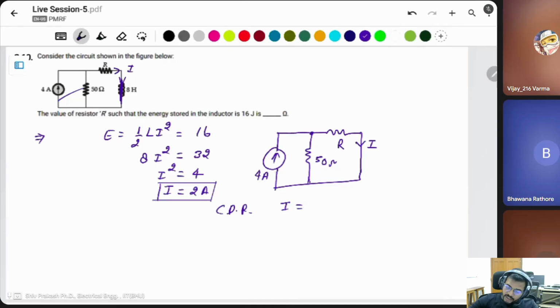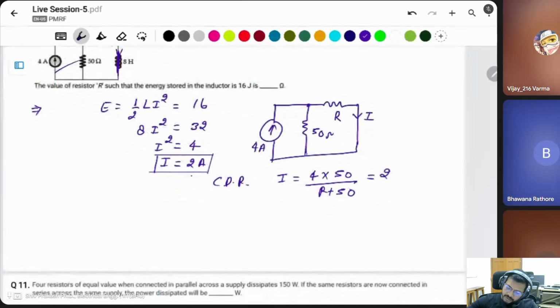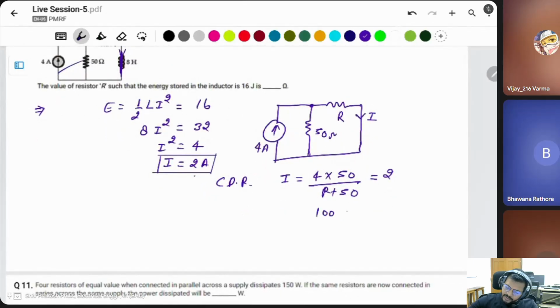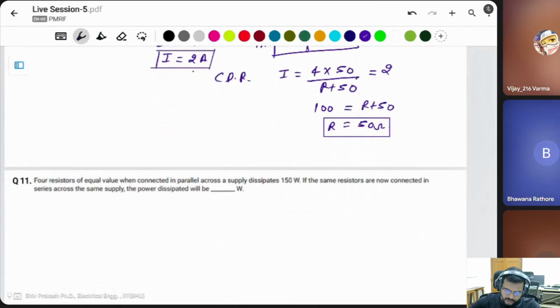I is equal to total current 4 ampere into the opposite resistance 15 ohm, divided by total resistance R plus 50, and this is calculated as 2. Then 2 cancels out. This will be 100 divided by R plus 50. Then R is equal to 15 ohm. Okay. R is equal to 15 ohm for this case. So there is another question also here.